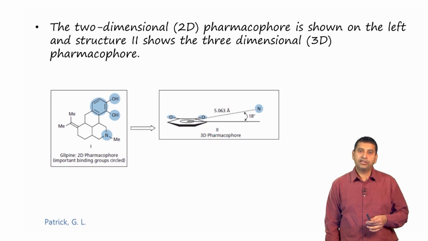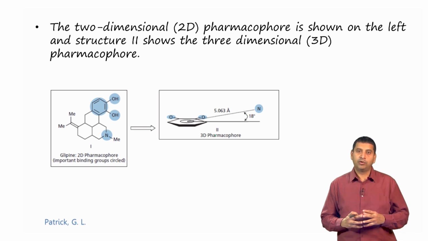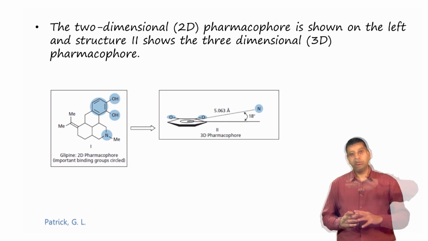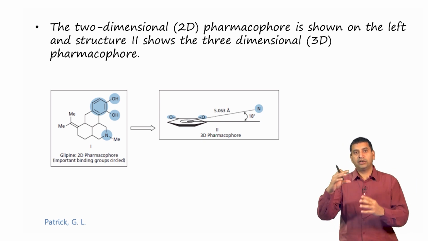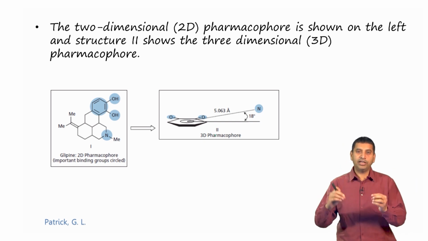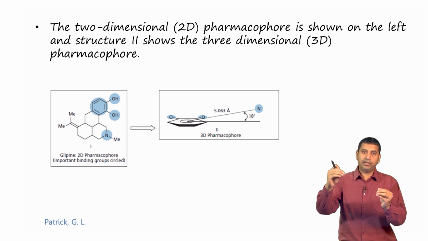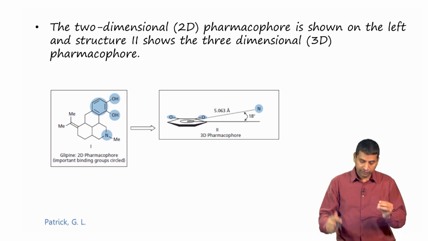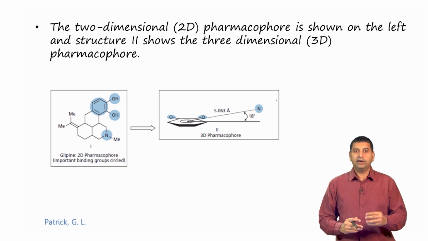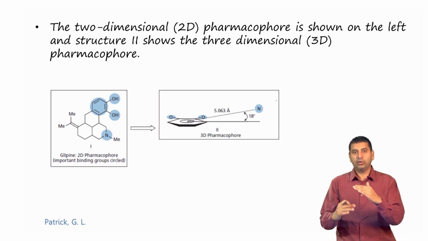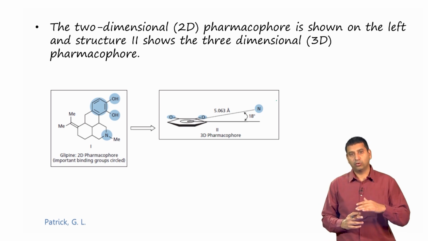In order to address the question of the triangle, based on the structure of the molecule, we can align it in the form of a 3D pharmacophore. Here, instead of looking at the molecule as being in a plane, we start looking at the molecule in 3 dimensions. We can measure the distance between, let us say, the aromatic ring and the nitrogen as shown here, and we can also start looking at the angle at which the molecule is out of plane.